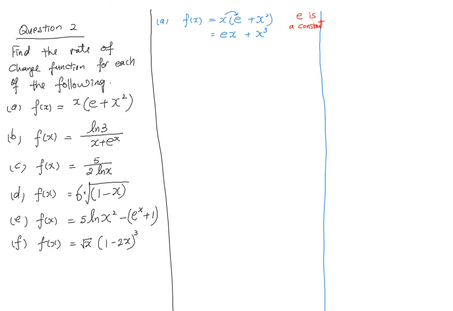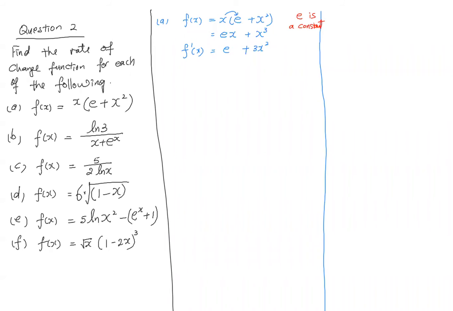So then you can start to use what rule, Sihan? Simple rule. Yeah, so what is the rate of change of ex? e. Good. Then what is the rate of change of x cubed? 3x squared. Yeah, 3x squared.